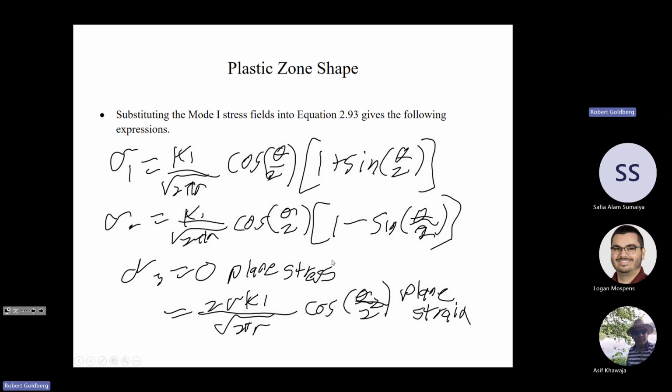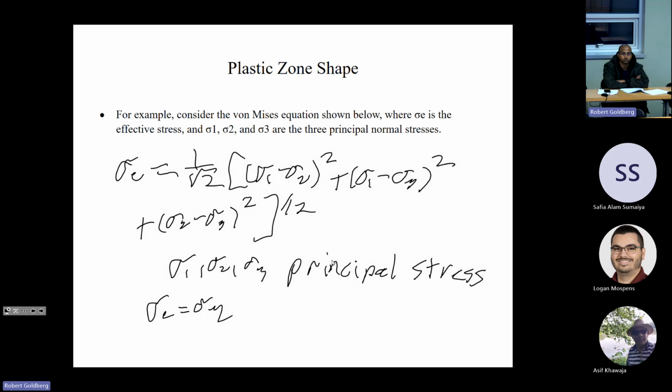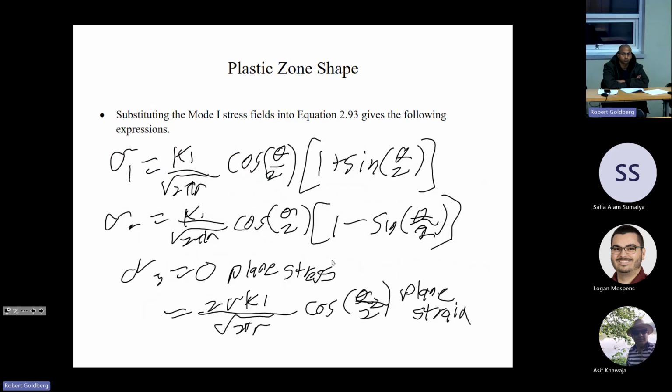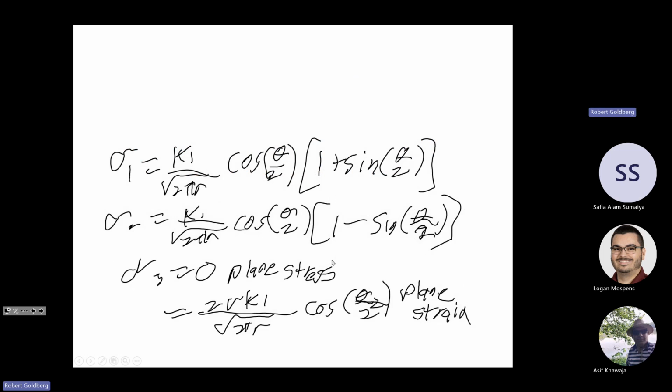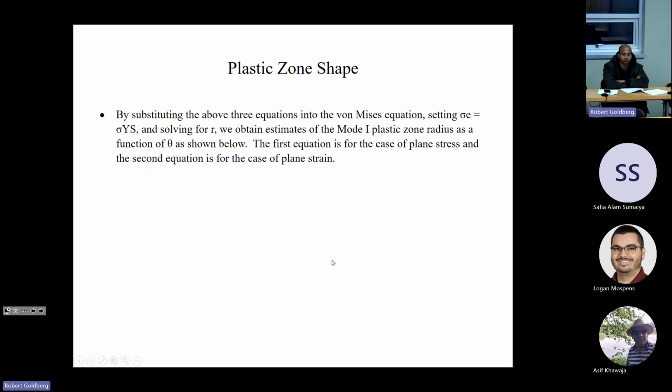So we take these expressions and substitute them into our von Mises criterion. We set the effective stress equal to the yield stress and solve for the radius, because we have the radius running around in here. What we end up with are estimates of the mode 1 plastic zone radius as a function of theta.